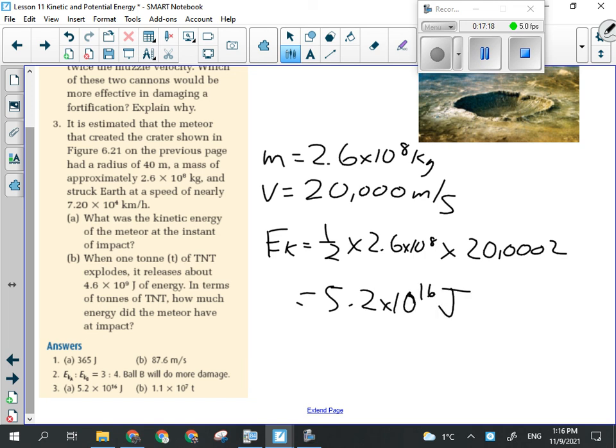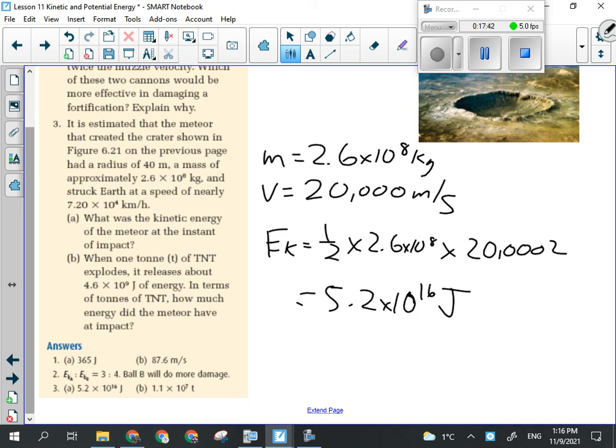But when we look at a number like that, it's kind of hard to put it into perspective, how many joules and how much energy that is. So the fine people who brought us nuclear weapons came up with a way to measure the destructive potential of any explosive device or any other impactor, like a meteor hitting the Earth.